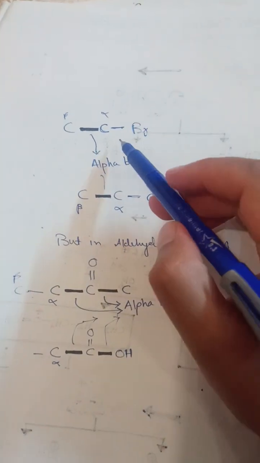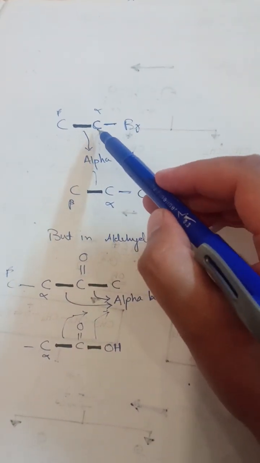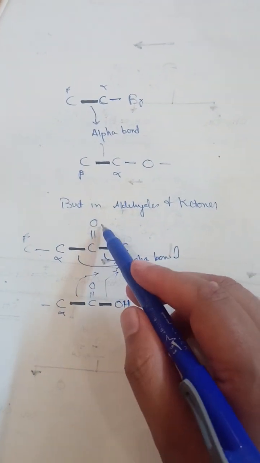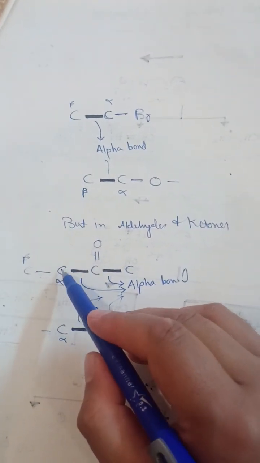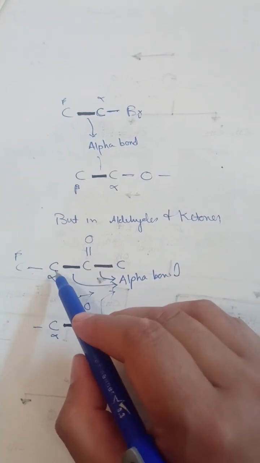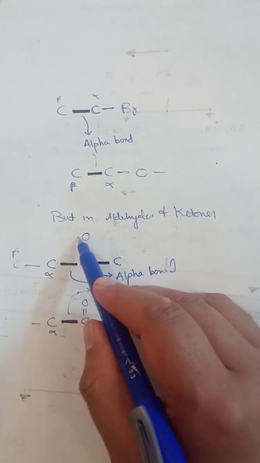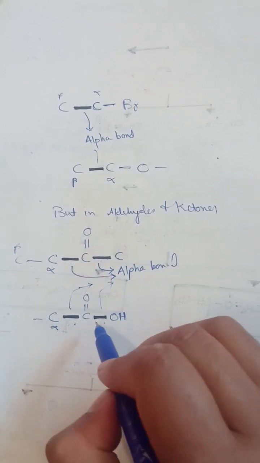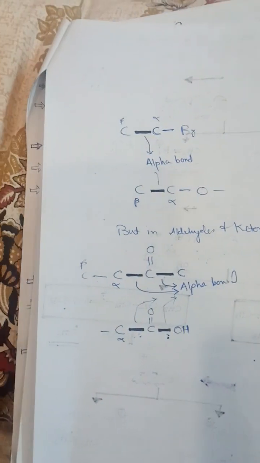In case of halogens or hydroxyl group or oxygen, we have this alpha bond which is present between alpha and beta carbon, while in case of aldehydes or ketones or carbonyl group, we have this alpha carbon. The alpha carbon is the same, but the bond between two carbons will be here, and this will be the alpha bond. So in this case, on both ends of the carbonyl group we have alpha bonds. The same is the case in carboxylic acid, but it is different in the other groups.